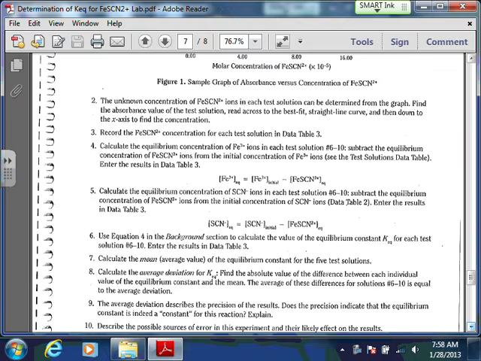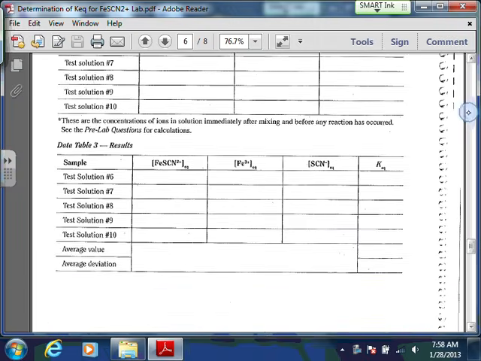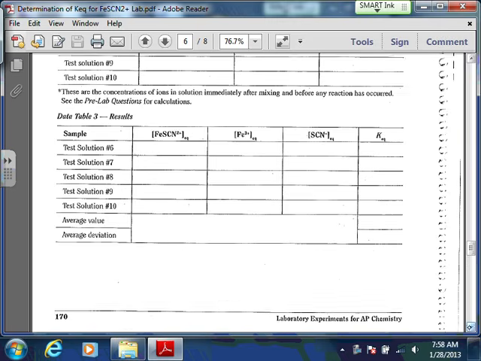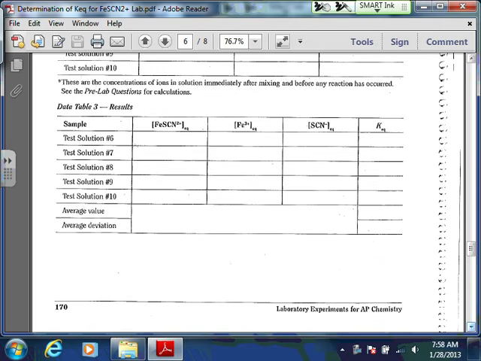Okay, so what you're going to do for that is you're going to come back here and look at your average value, and you're going to compare number 1 to the average, and you're going to see the difference between those two, and then you're going to compare number 2 to the average, and number 3 to the average, and then you're going to take the average of those differences, okay, and that's the number that's going to go in this average deviation here.